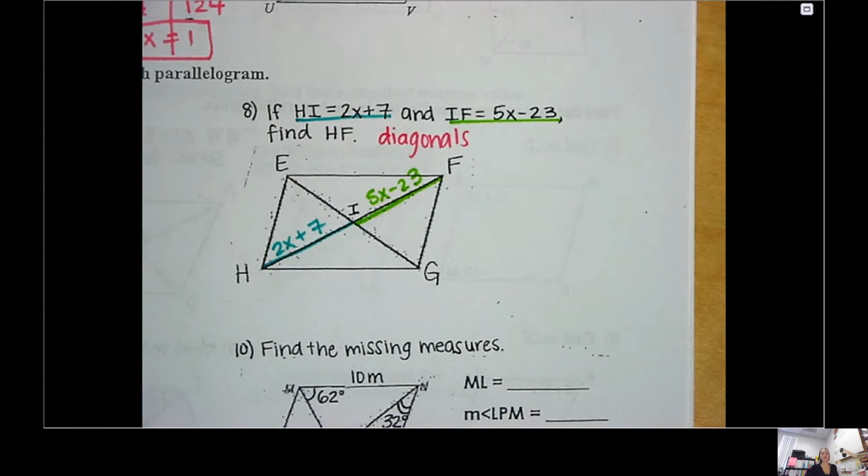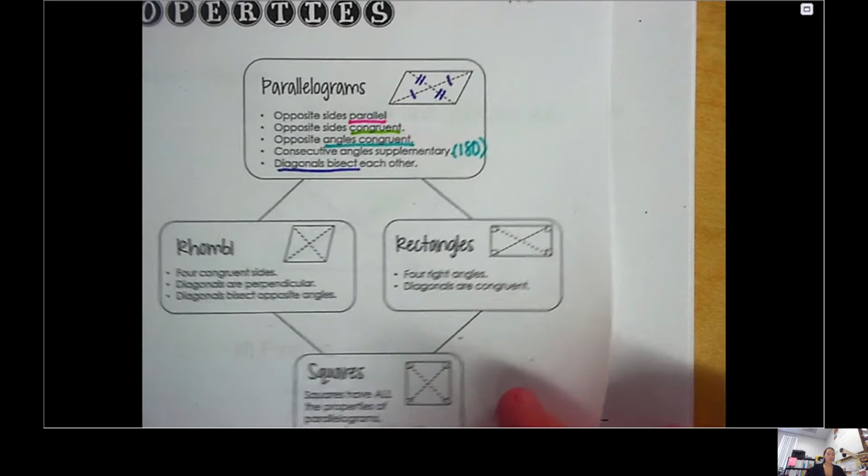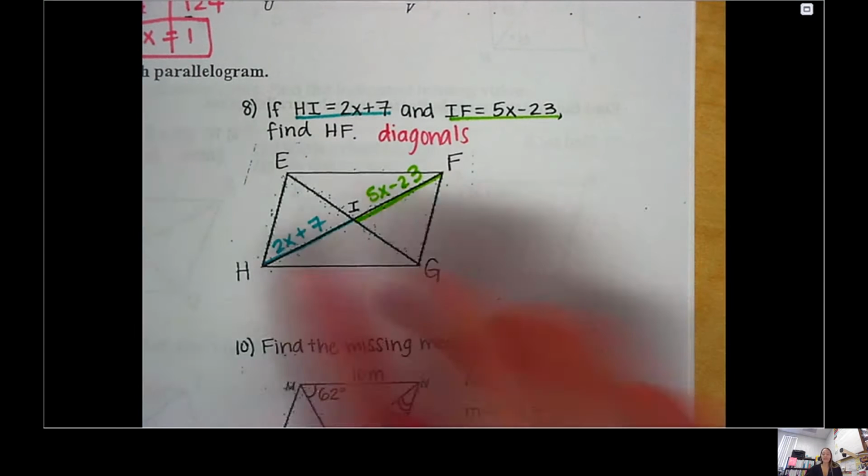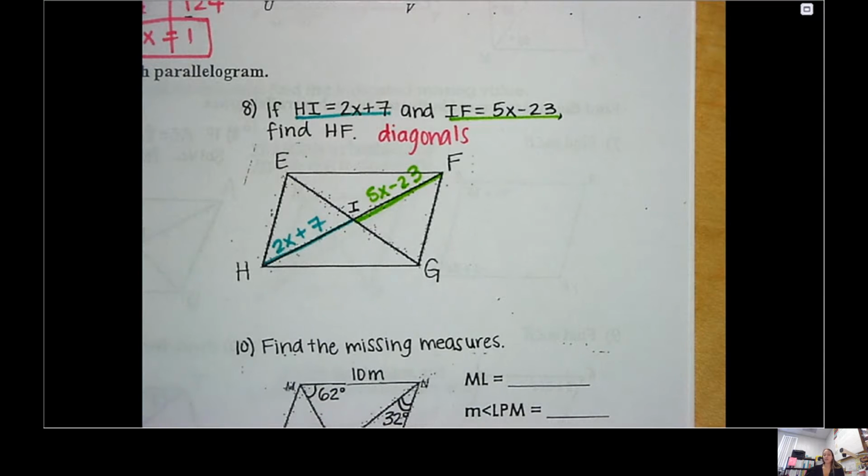Now, if you come back to your little cheat sheet, your picture here, what do you know about diagonals? What does that cheat sheet say? Yeah, they bisect each other, so they are congruent. So if they are congruent, what should I do with these equations?